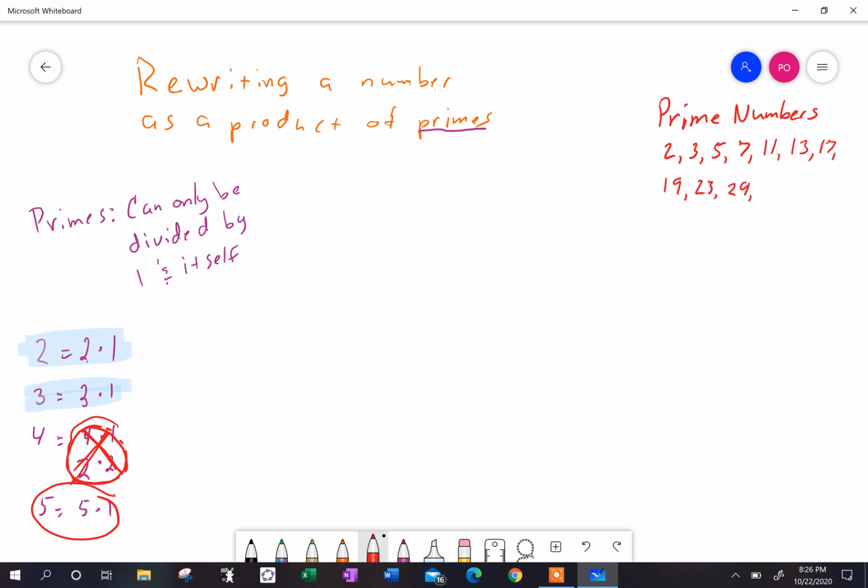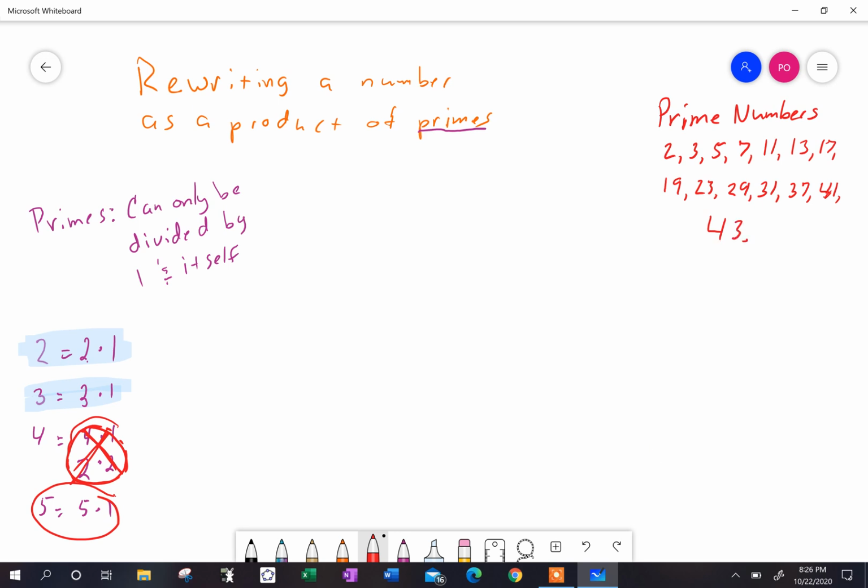We'll go all the way up to my birthday. 30 is not, 31 is, 32, no, 33, no, 34, no, 35, 36, 37 is prime, 38, 39, 40, and 41 is prime, and then 43, which happens to be how old I am today.